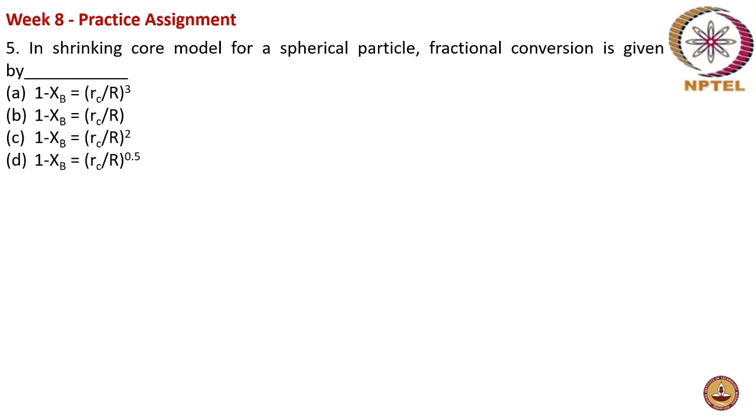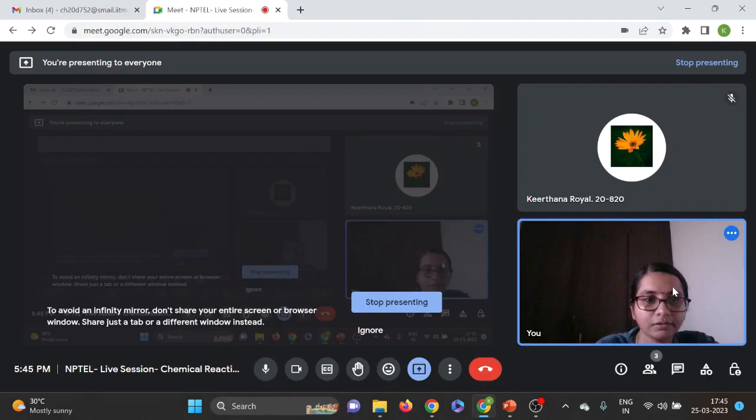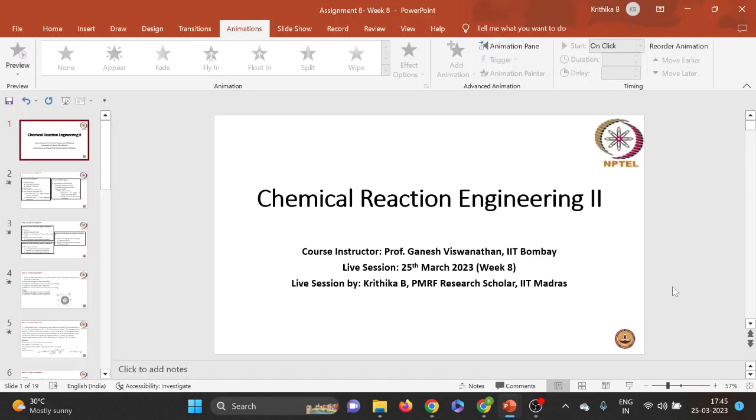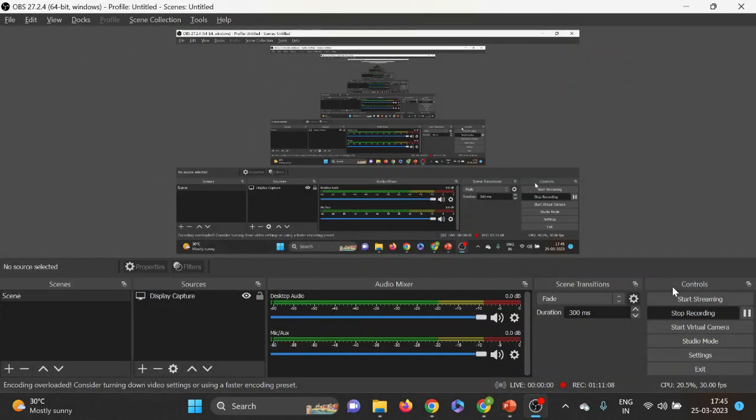Or is it B, 1 minus xb is equal to rc by r, or is it C, 1 minus xb is equal to rc by r the whole square, or is it D, 1 minus xb is equal to rc by r the whole power 0.5? So which of these is right? Do you have any clue, Kirtana?